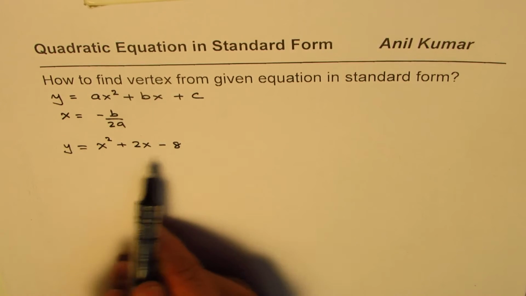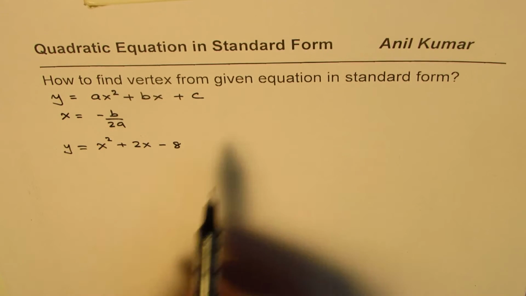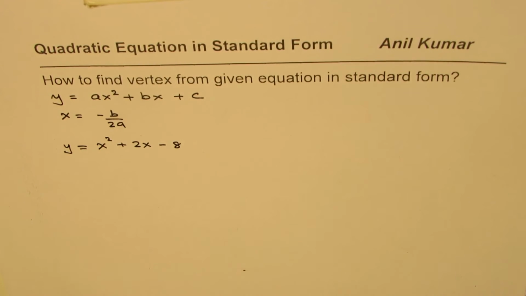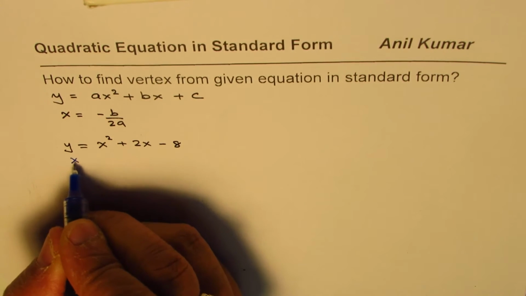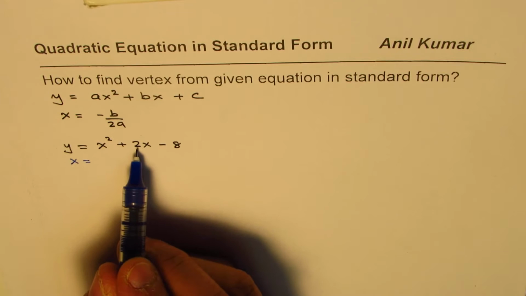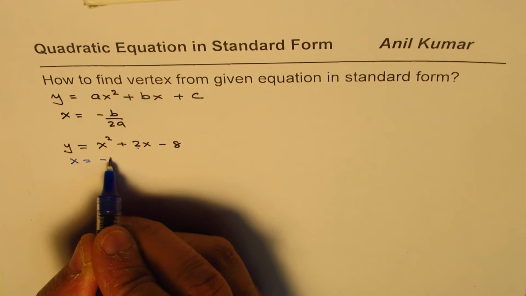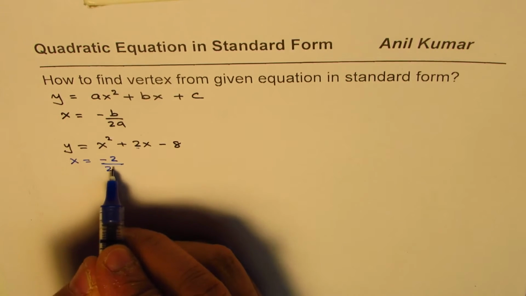Now let's say this is the function given to us, and we want to find the vertex. So we'll use this formula and say, well, we are expecting the vertex at x equals minus b by 2a. In this equation, b is 2, right? So it should be minus 2 by 2 times a, and a is 1.